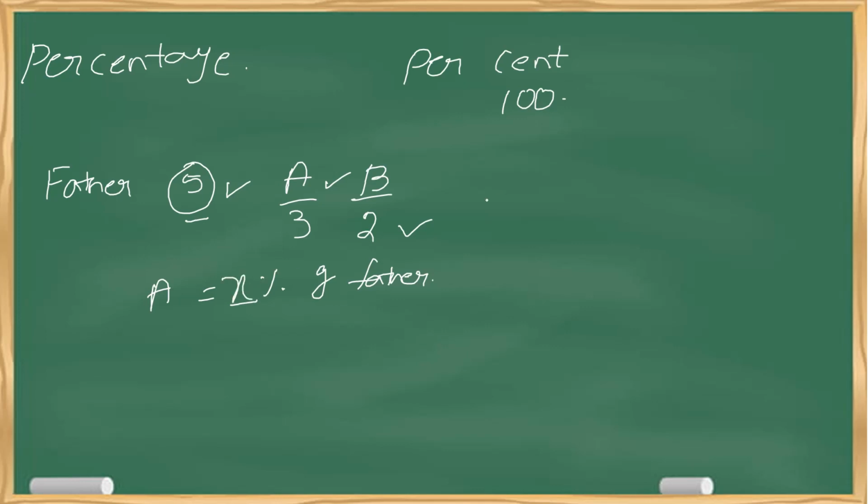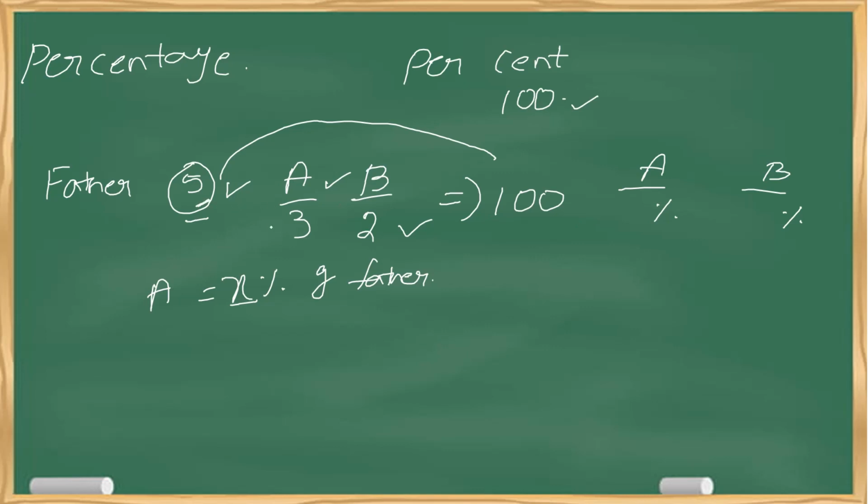Now how to find it? As I told you, when you compare everything with 100, that gives you the percentage. If the father is getting 100 instead of 5, the number of chocolates A is getting is called the percentage, and the number of chocolates B is getting is called the percentage. When there is 5, A is getting 3. When there is 5, B is getting 2.